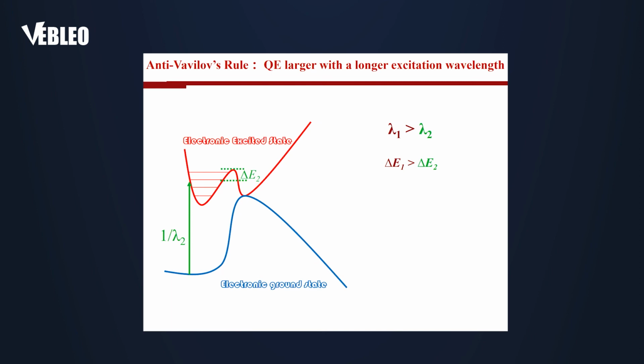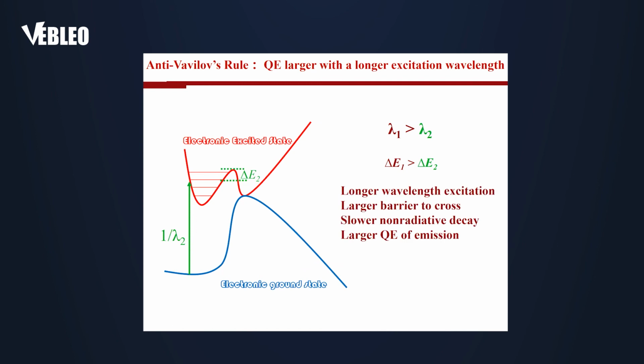Or in other words, if the wavelength is longer, then its barrier to reach the CI is actually larger. Which means that it is slower to reach the CI, which means that it is slower to non-radiatively release energy. So if the non-radiative decay is slower, then the emission quantum efficiency should be larger, right?